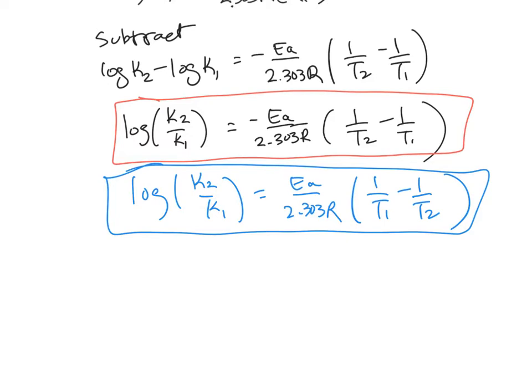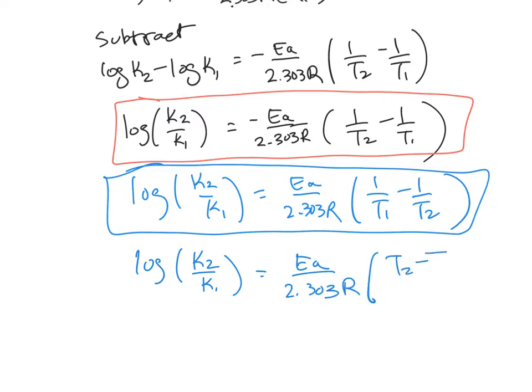And lots of books have that because it's positive. Okay, another form is when you collect the T1 and the T2 together in the denominator, then this is going to be T2 minus T1. I'm sure you're familiar with that operation. So it'll be the logarithm of k2 over k1, and that would be Ea over 2.303R, and this would be T2 minus T1 divided by T1 T2.